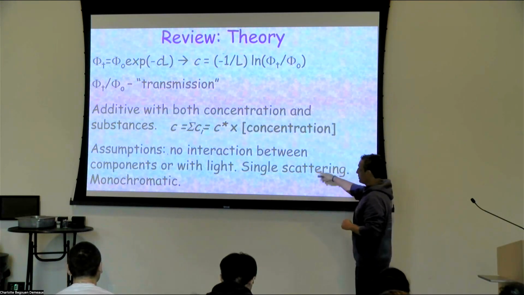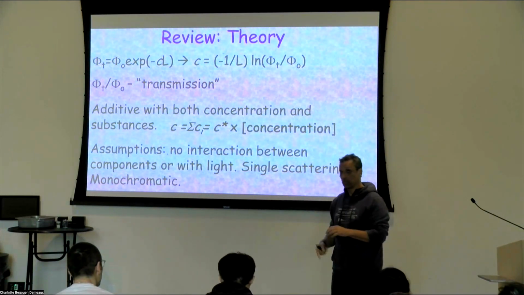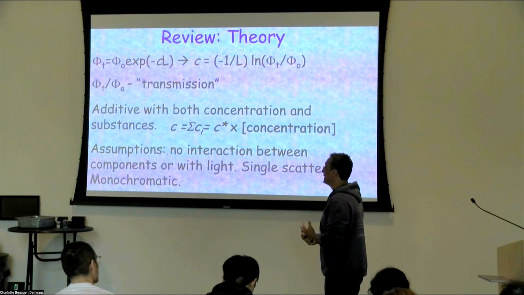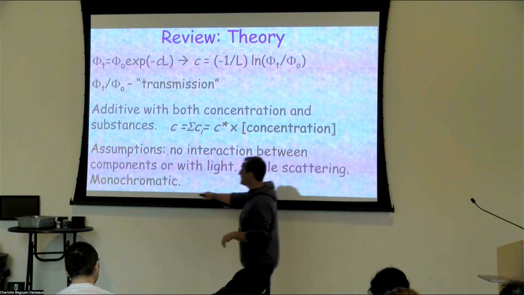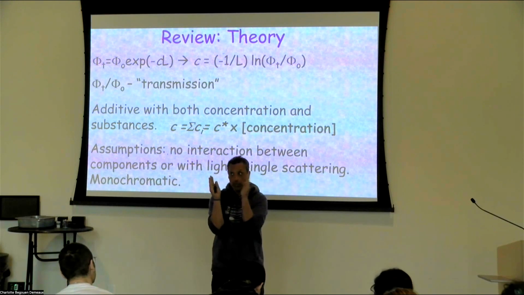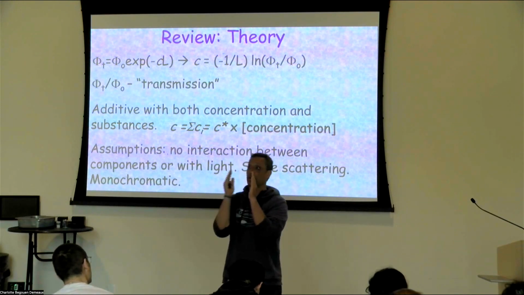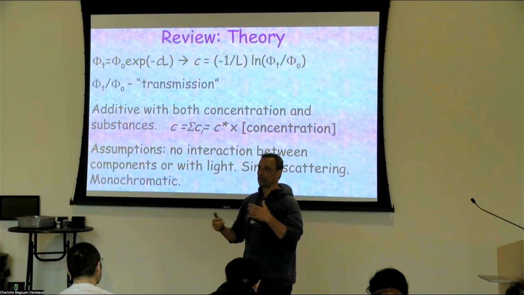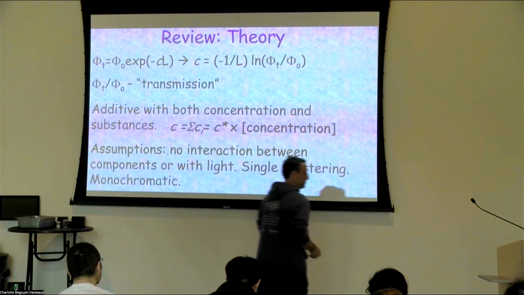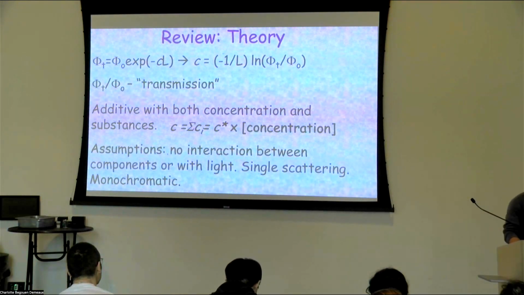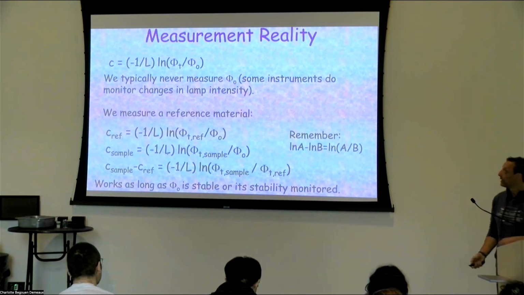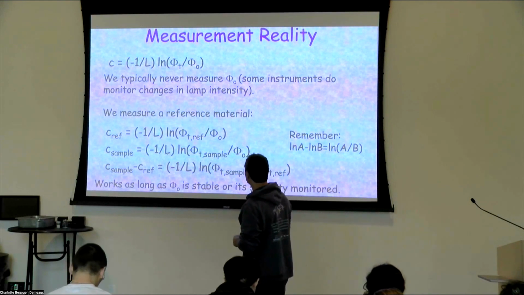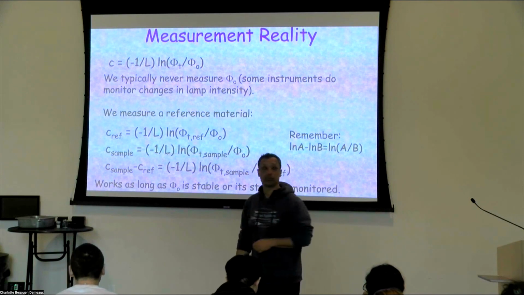We also like to be in the single scattering regime, so on average, if it scatters, it scatters once. The other assumption is monochromatic light. We want a minimum range of wavelengths because different wavelengths are going to act differently, and you're not necessarily getting the average of the lines' behavior. It's going to be some nonlinear averaging. Now, in reality, a sensor rarely measures the average.